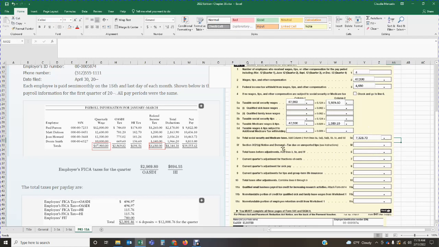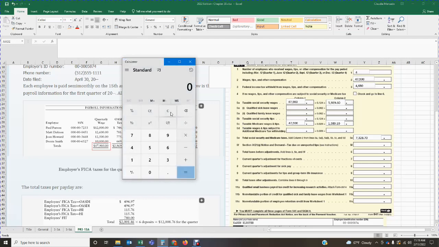The next line item deals with unreported tips. We don't have any tips, so we are going to skip that line. Line number 6, okay? Total taxes before adjustments. We're going to add line 3, line 5E, and line 5F, okay? So we're just going to do what the line says. We're going to add line 3, which is 4,680, plus line 5E, which is 7,328.70, plus line 5F, which is 0.